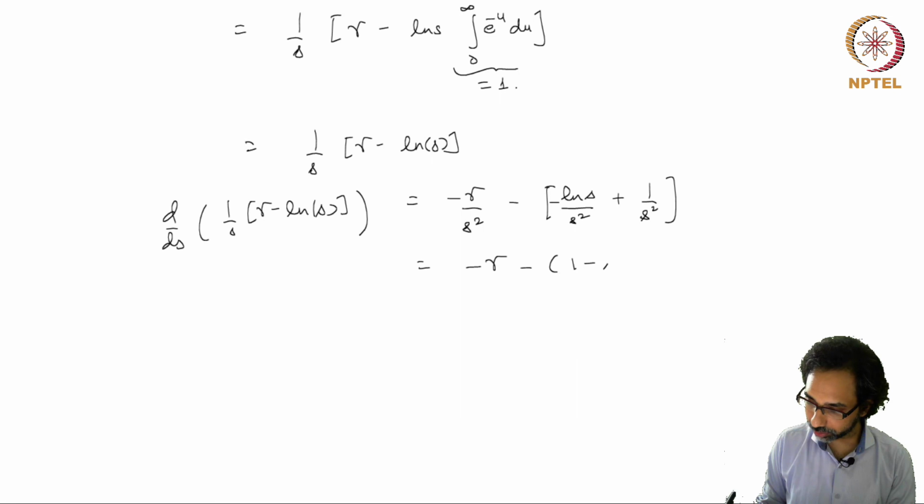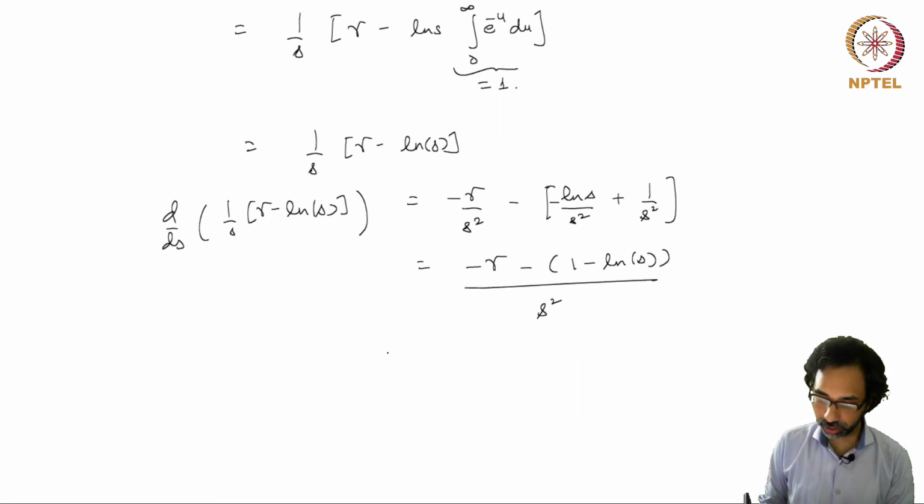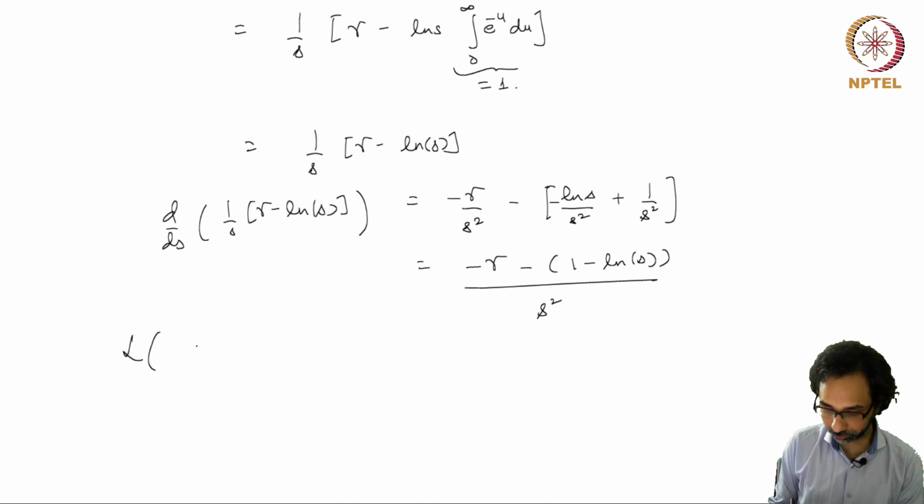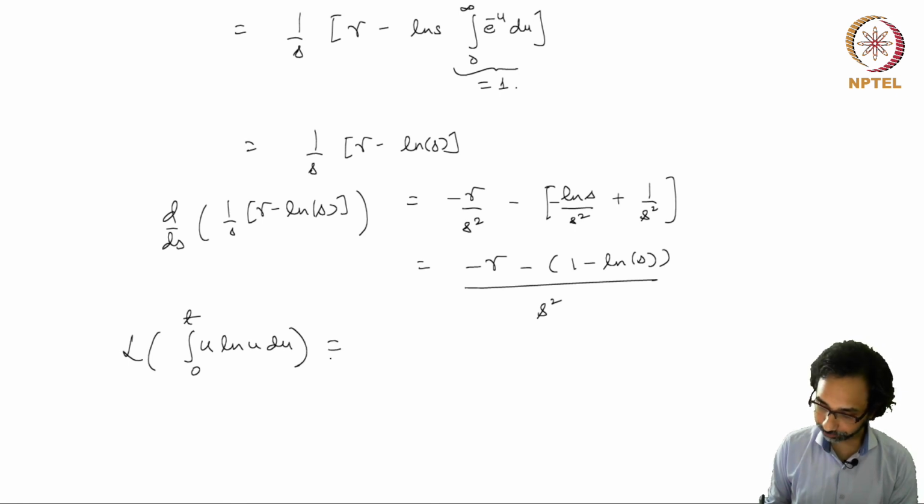minus 1 minus ln s over s squared, and so the Laplace transform of the integral from 0 to t of u ln u du is equal to minus 1 over s times this whole thing.